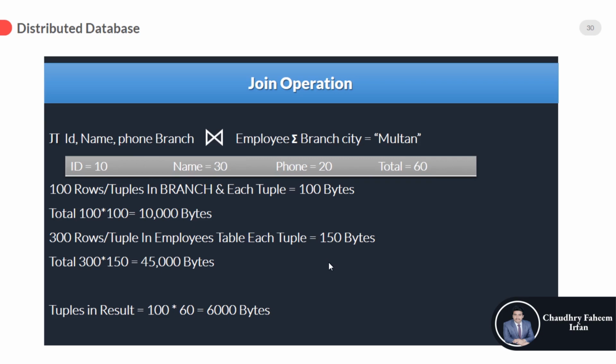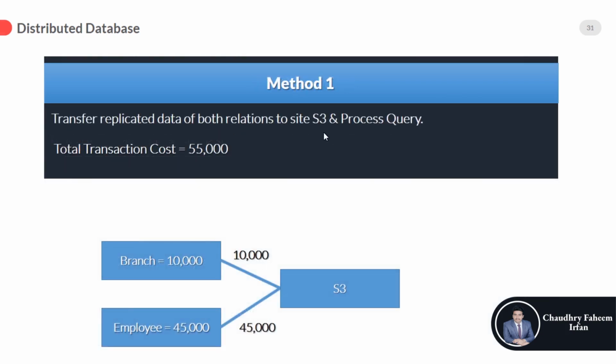Now method 1: transfer the replicated data of both relations to site S3 and process the query. For example, fetch the whole data of the branch table and the employees table.